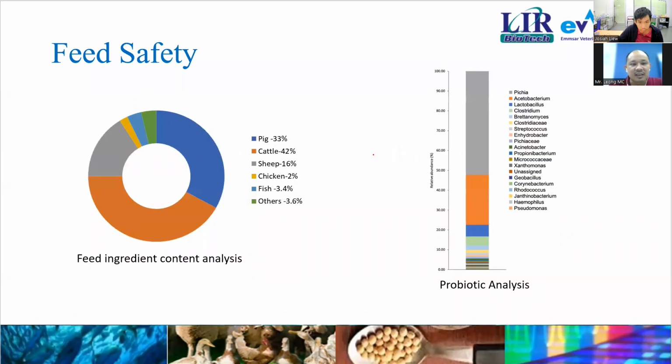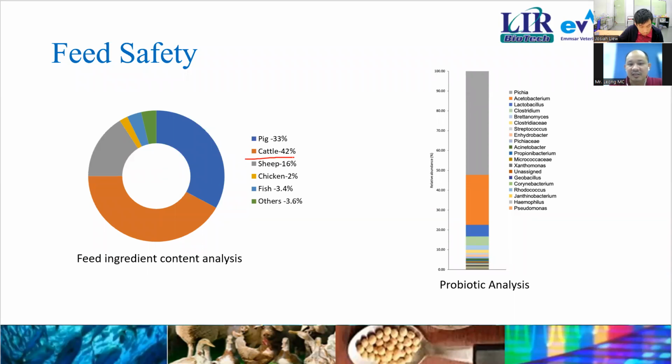Another application is feed ingredient content analysis. We know that certain countries have regulations that the feed is prohibited from containing certain things.